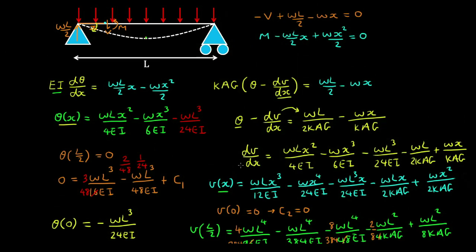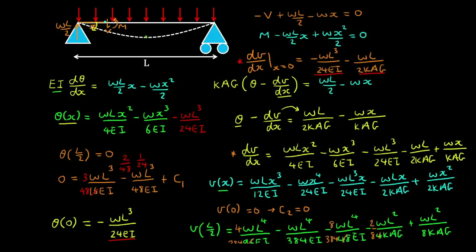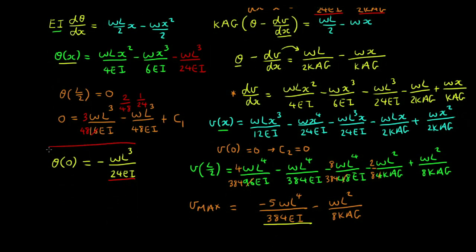And if you want the net rotation of the centroid at the support, including shear effects, you substitute x equals 0 in this expression, and what you get is dV/dx at x equals 0 is minus WL cubed on 24 EI minus WL on 2 kappa AG. So this is the bending rotation of the Euler-Bernoulli beam, and then minus a shear term, which gives the net rotation of the neutral axes of the Timoshenko beam. And these are our results.